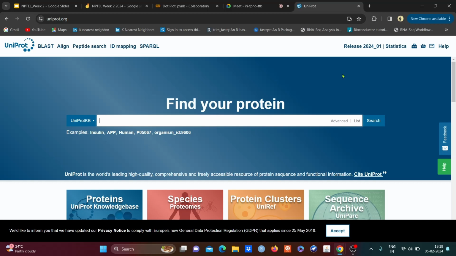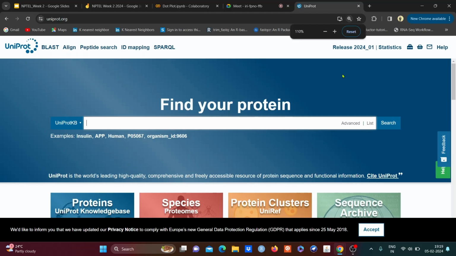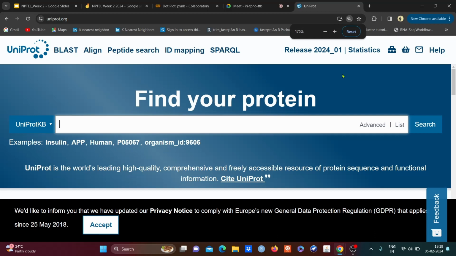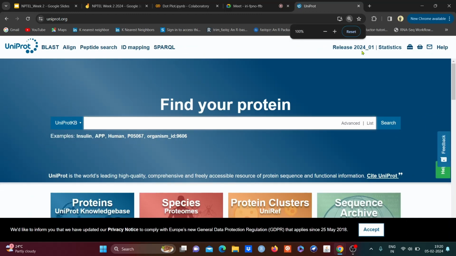If someone is very interested to know about the statistics of UniProt, here in the right top corner we have an option to view statistics of the UniProt database.